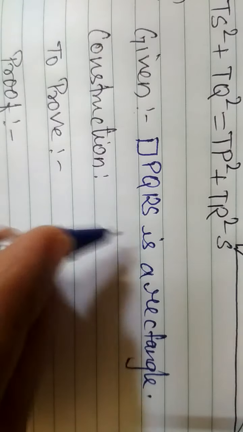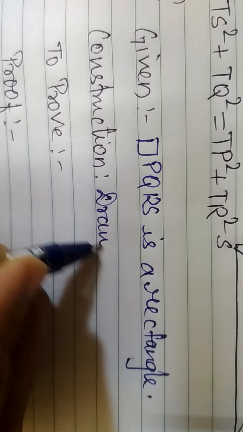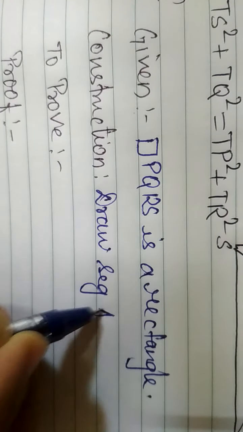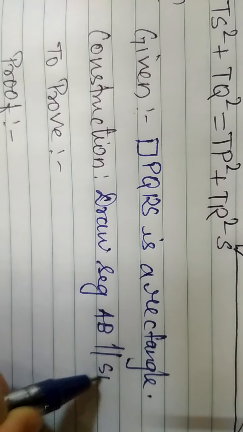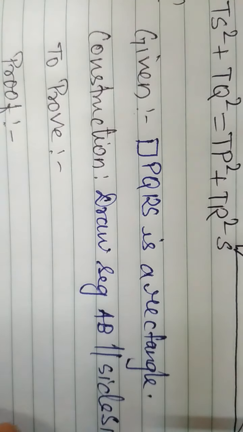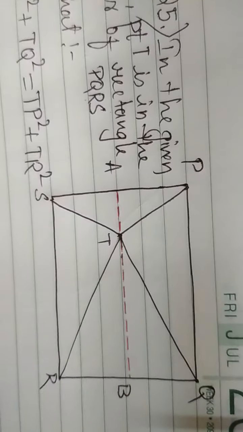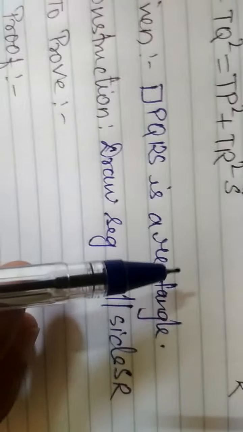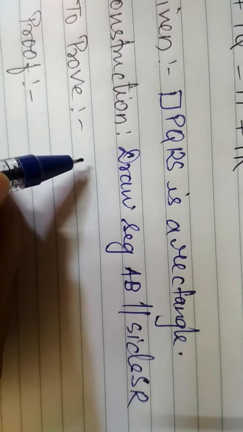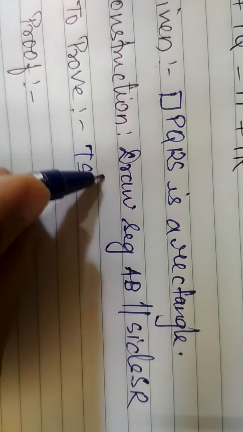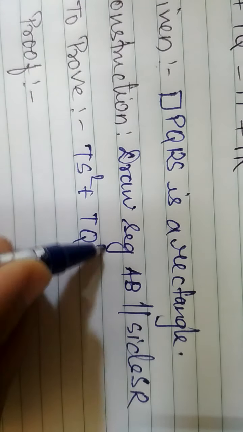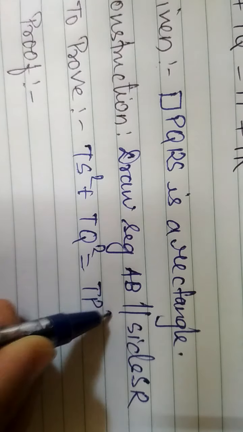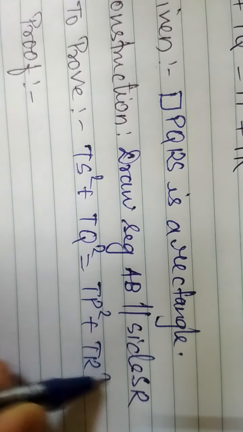Construction will be, draw segment AB parallel to side SR. Now, to prove, already it is there in the question. That is, again we will write TS square plus TQ square equals TP square plus TR square.